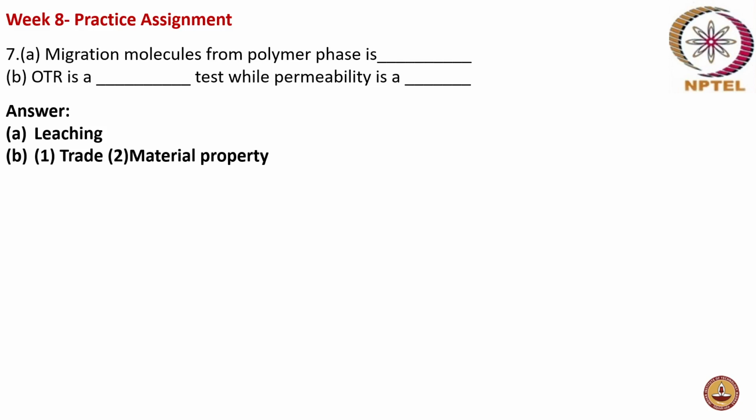Industries can do the trade test and get an idea of the amount of oxygen that will get transferred through the polymer, and have an estimate without actually understanding the permeability of the material. Okay.